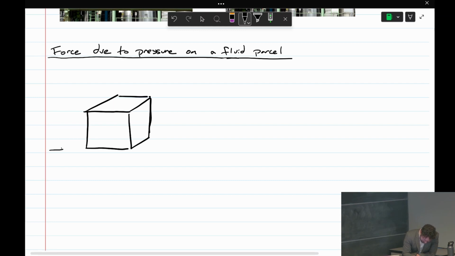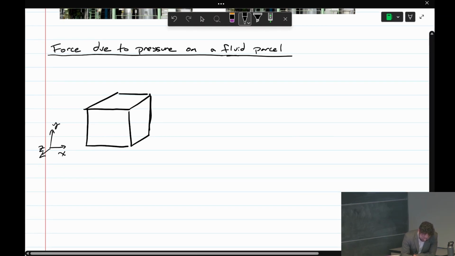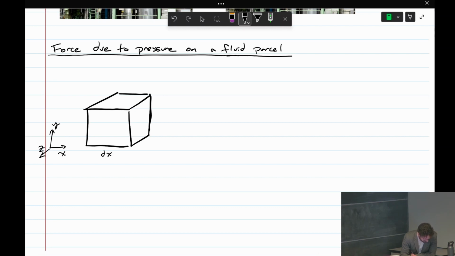We'll define our coordinate system like this. So the cube has length in the x direction dx, which is very small. It's a fluid parcel, so very small. Length in the z direction is dz, and the height is dy.